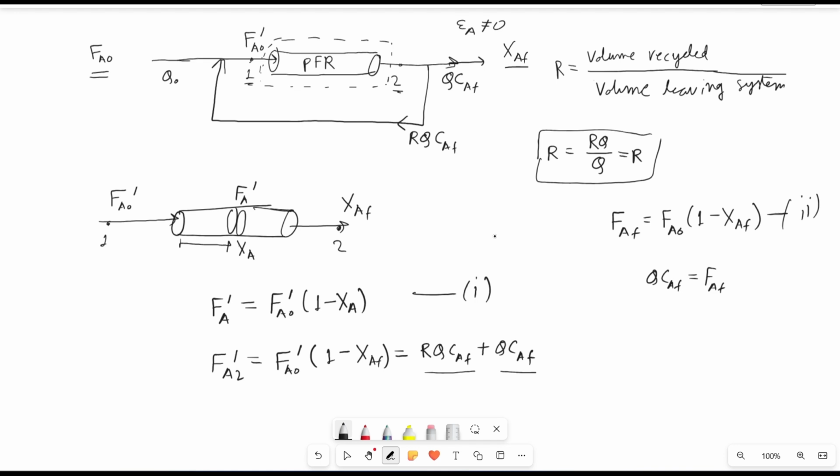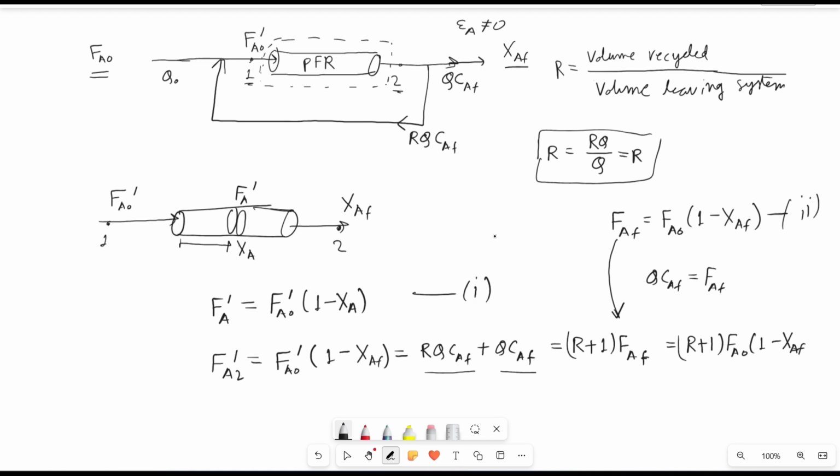Now, if we write Q CAF as FAF, it can be written as R plus 1 times FAF. Putting in the FAF expression, we get R plus 1 times Fa naught times 1 minus XAF.